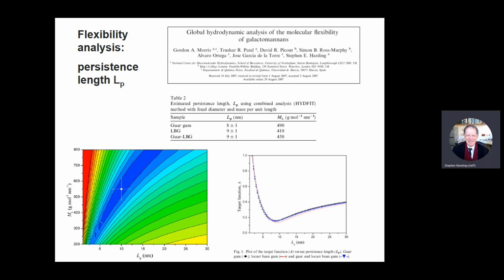Okay. So that's why it's useful having different methods which give different information, but sometimes they overlap in terms of the information that they give, and that's what you'd like, because you want that reinforcement, that confidence in the data.